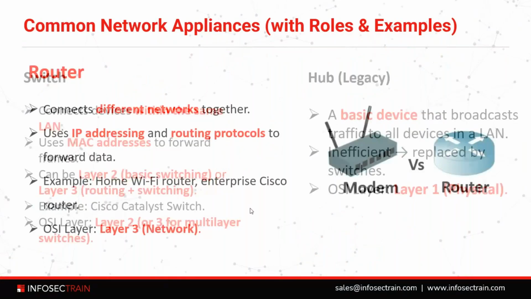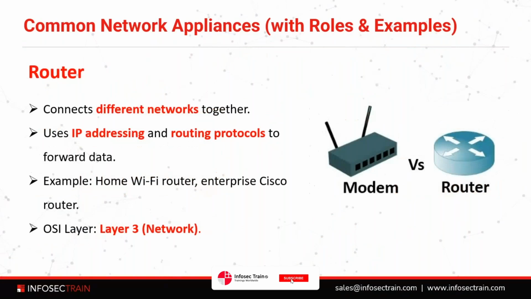Then we have a router. What does a router do which a switch cannot? A switch can communicate inside a network, but not outside a network. Right? So a router is a networking device that connects multiple networks together and directs the data packets between them.